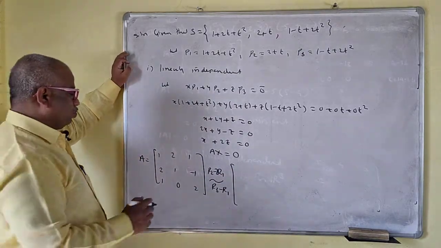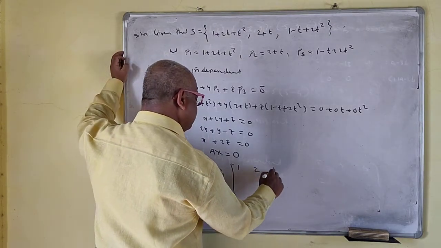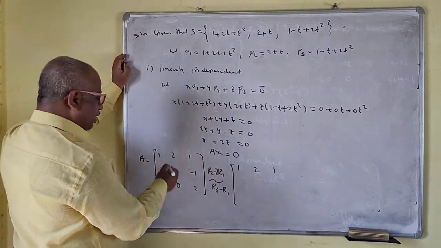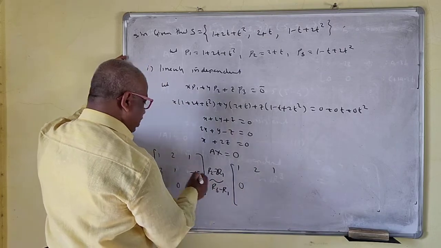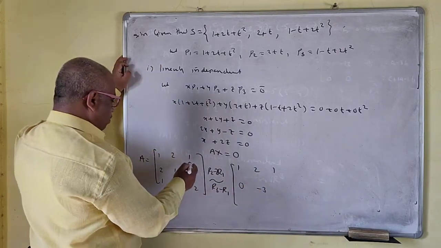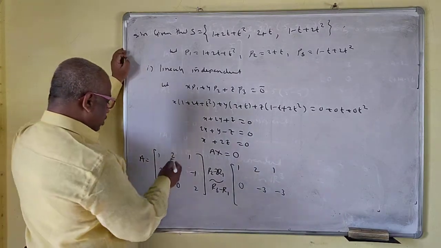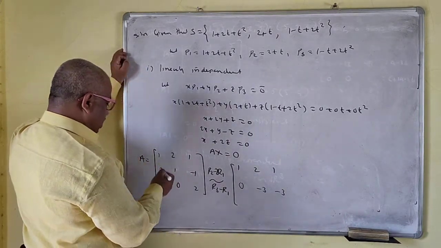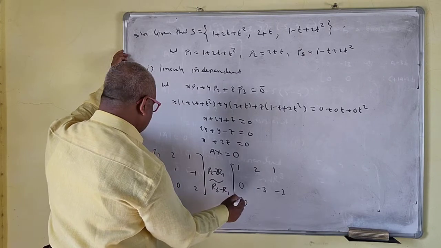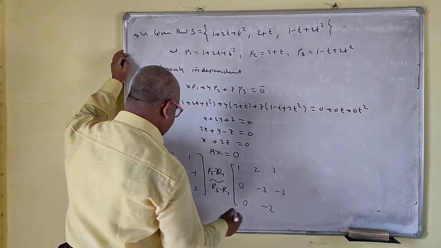First row will be as it is. Multiply by minus 2 and add: minus 4, so this is minus 3, minus 2, so minus 3, minus 3. Then multiply by minus 1 and add: minus 1 plus 1 is 0, minus 2, this is minus 2.